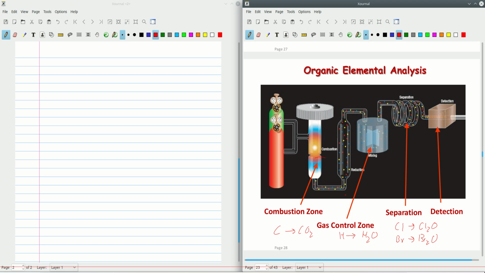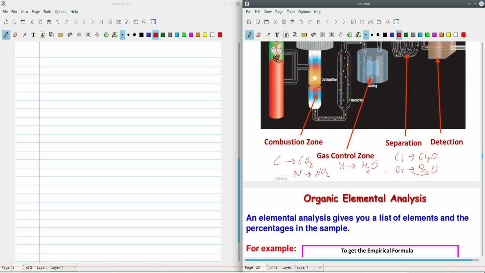And obviously nitrogen will go to NO2. What we can do is determine through the detector the amount of CO2, nitrogen dioxides, water, chlorine oxides, bromine oxides. And then once we know the ratio of these oxides, we can infer back the percentage mass of chlorine, bromine, hydrogen, nitrogen and carbon. The mass that's not detected will invariably be oxygen if it's a pure sample.